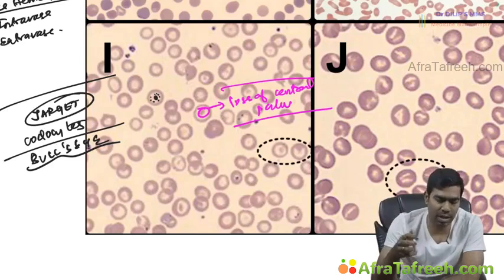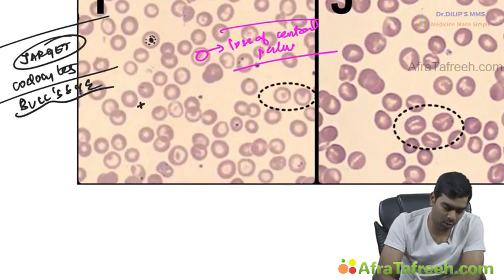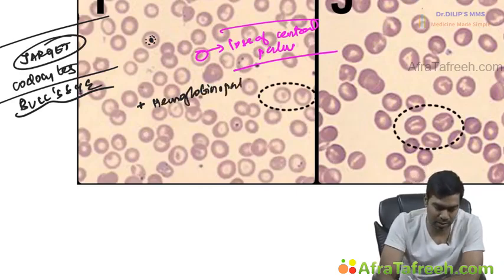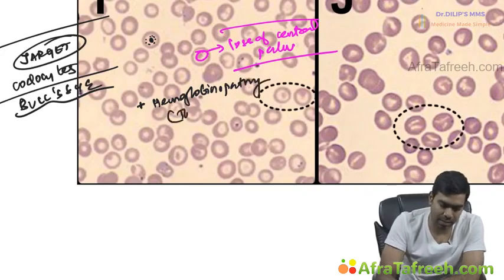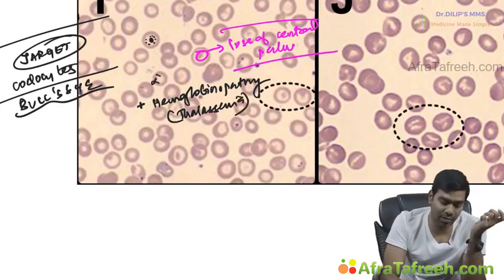So this is a typical target cell. What are the conditions that produce this target cell or codocyte? You can typically see it in hemoglobinopathies, due to clumping of hemoglobin. In hemoglobinopathies, especially thalassemia, what happens is the other normal chain, for example, you have an alpha chain and beta chain.